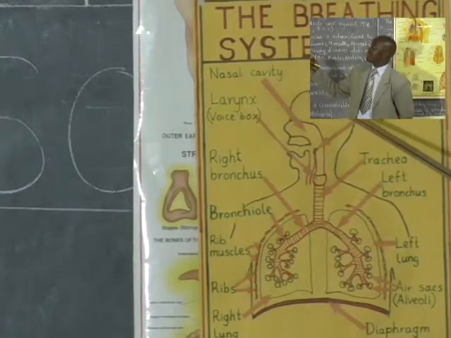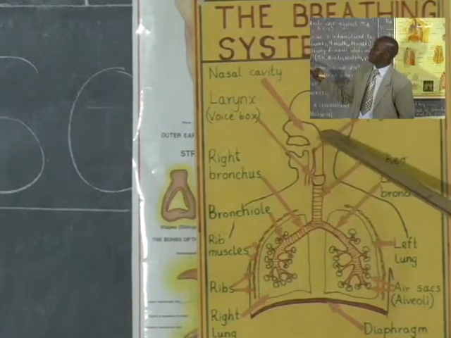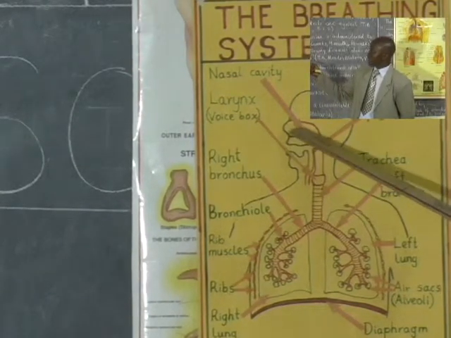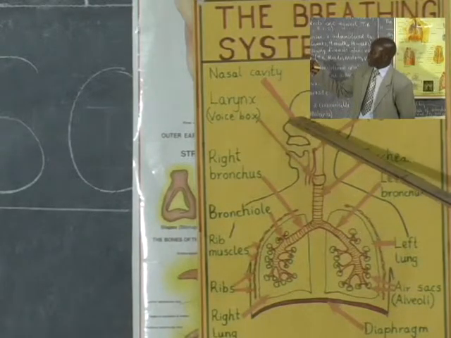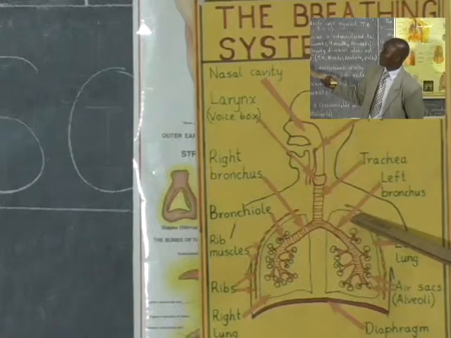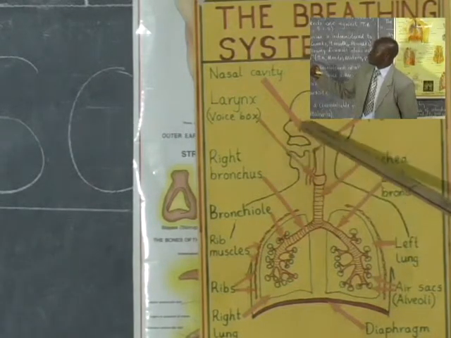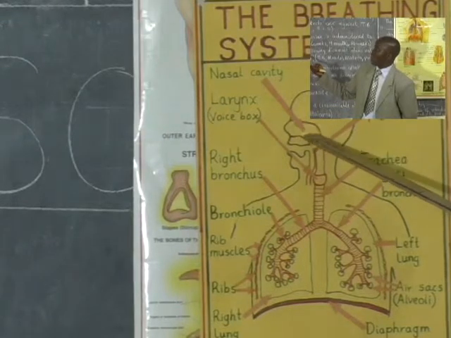So everything that is entered into the body is made warm at a given point, so that the temperature of that air is equal to the temperature of the human body. So the nasal cavity makes the air warm.